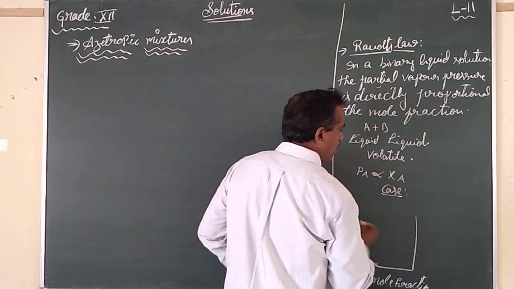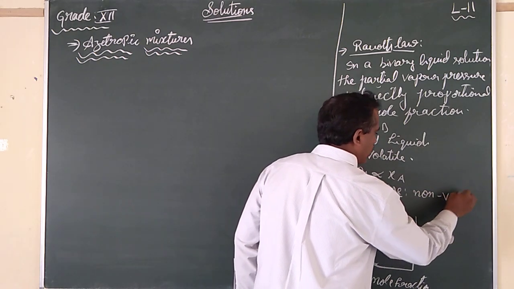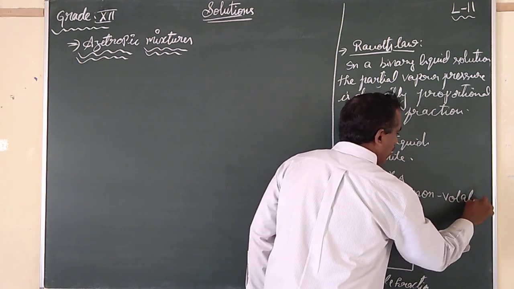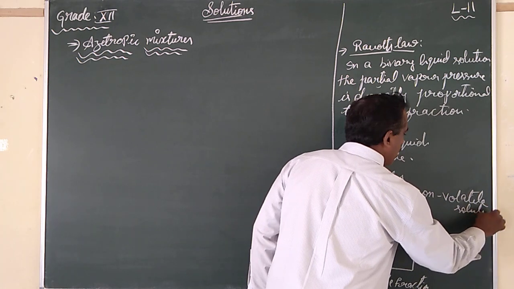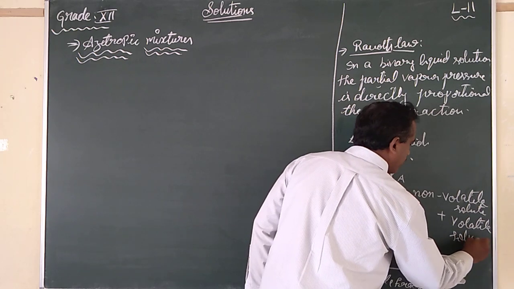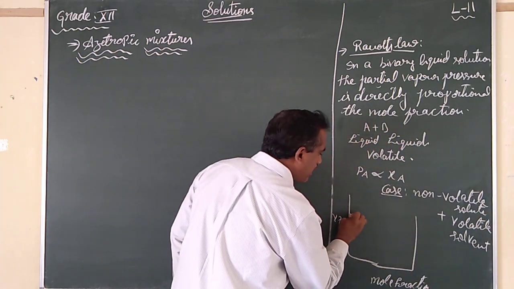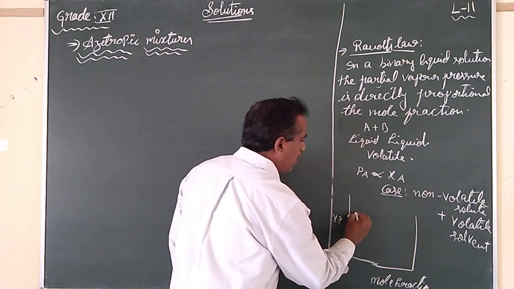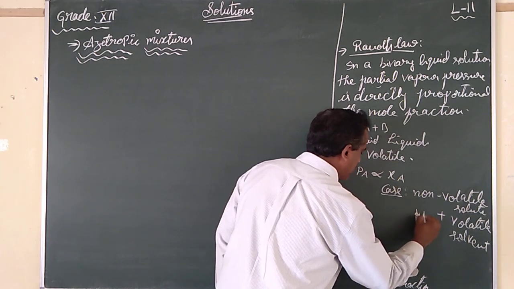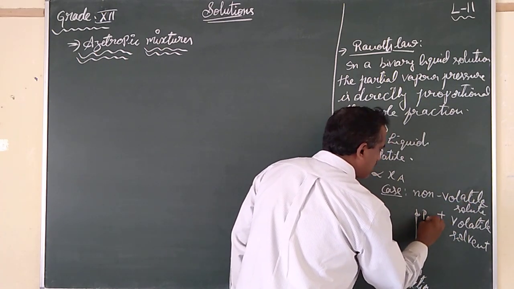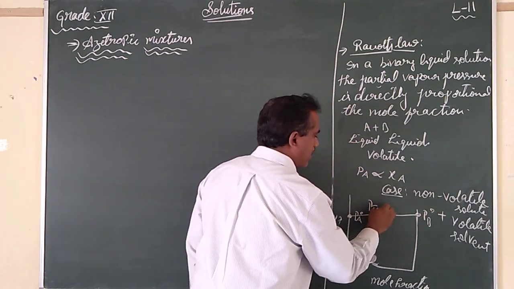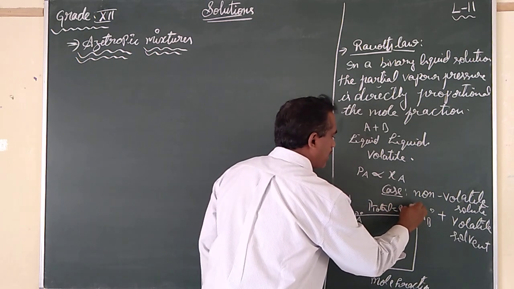And he also explained the case where one of the substances is a non-volatile solute dissolved in a volatile solvent. The solute has a PA0 and the more volatile solvent has a PB0, so there is a steep increase in the total vapor pressure.